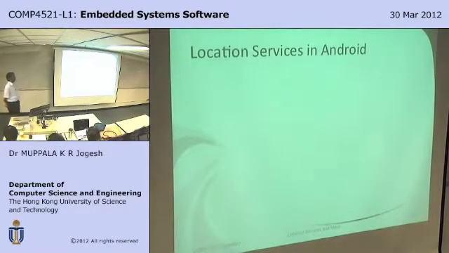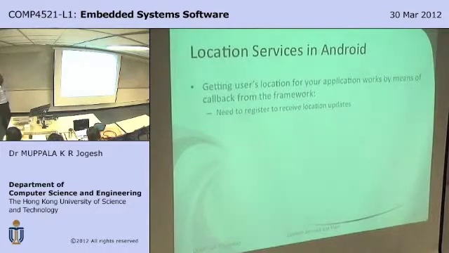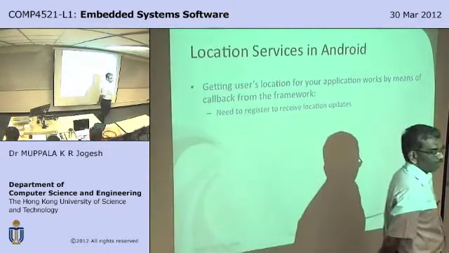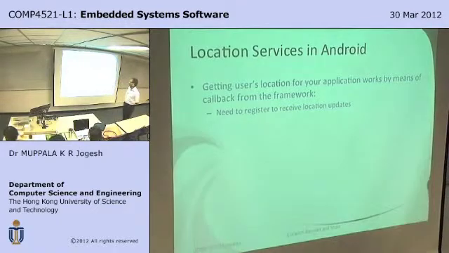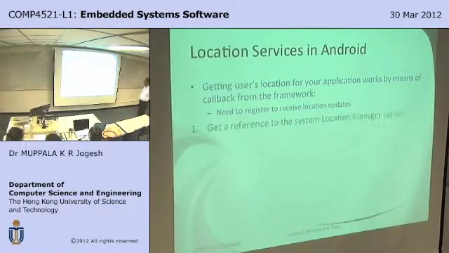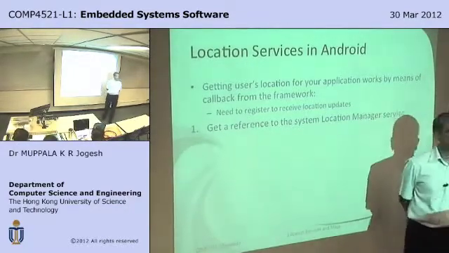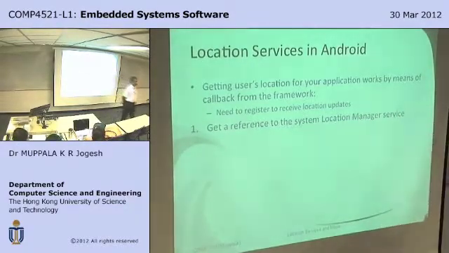features within the application. So, within Android, first and foremost, how do you get to know the user's location? For that, you need to get hold of Location Manager and register with the Location Manager in order to ask to be updated about the user's location. First step, you get a reference to the Location Manager within the Android system.